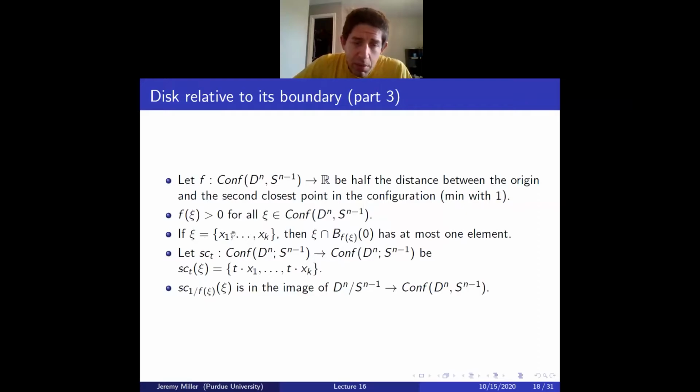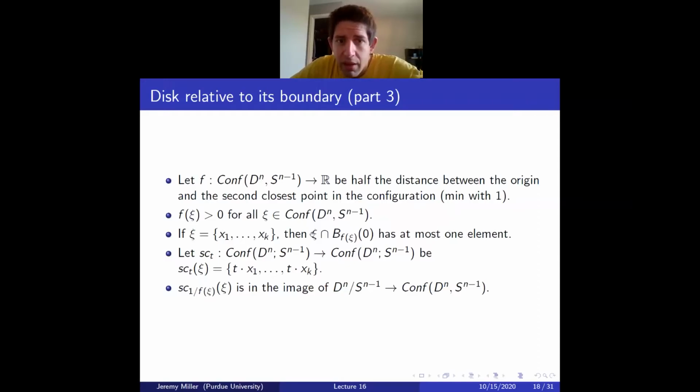So then the key property is that if you intersect the configuration with the ball around the origin of this length, you're going to have at most 1 point in the configuration. You might have no points.